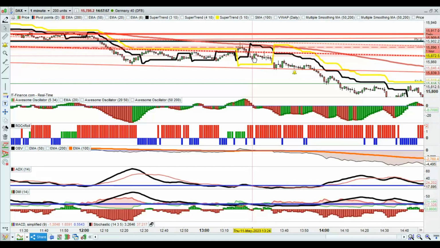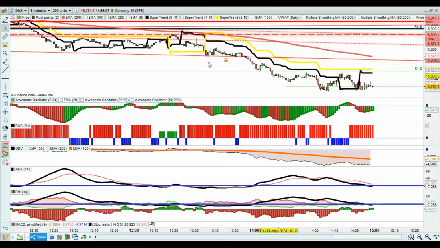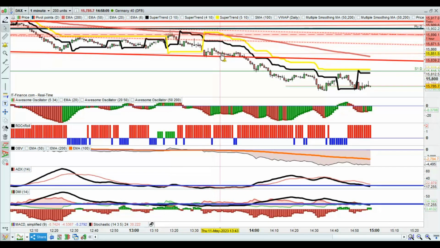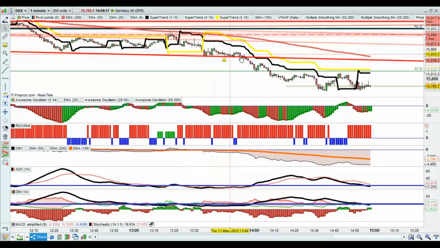take the trade there, stay in the trade. So from selling here at 15,870, you stay with it all the way down, and you can see what happened next. The price fell from up here 15,872 all the way to 15,783.